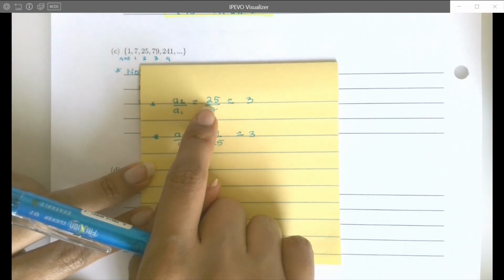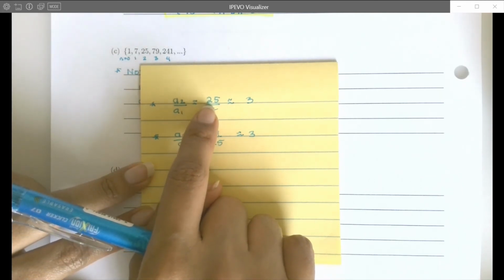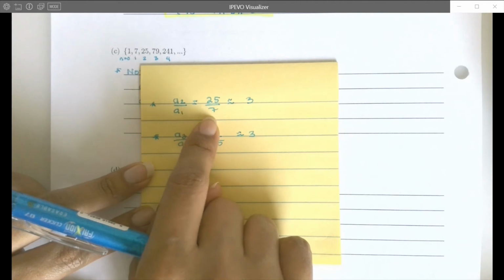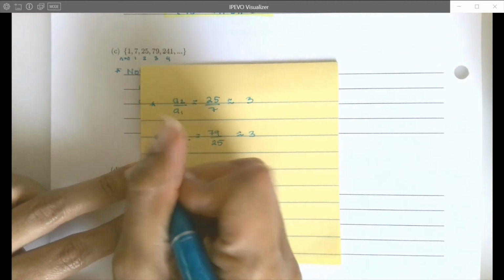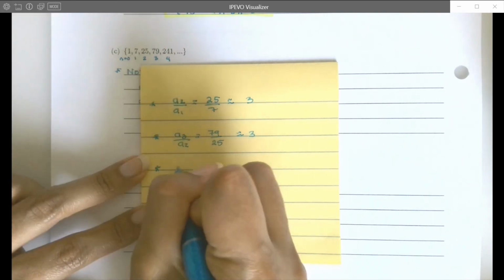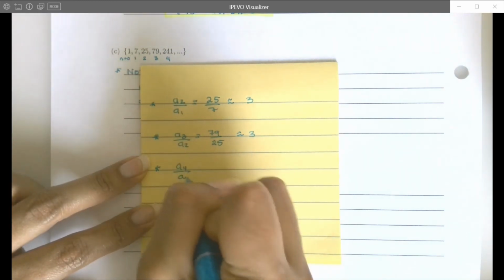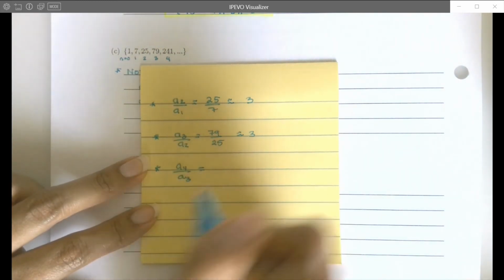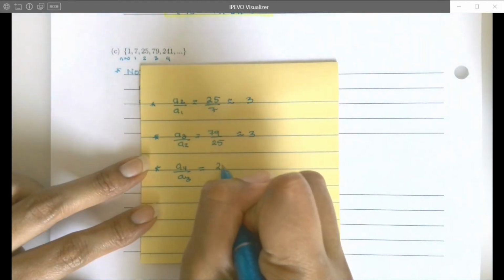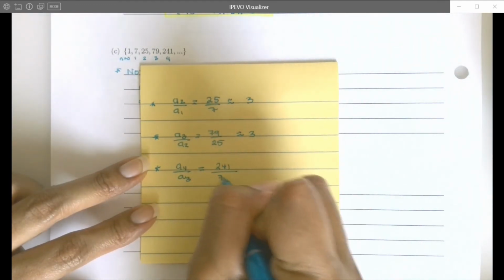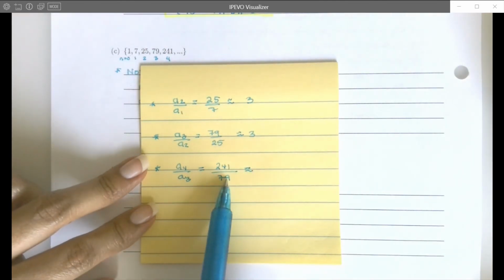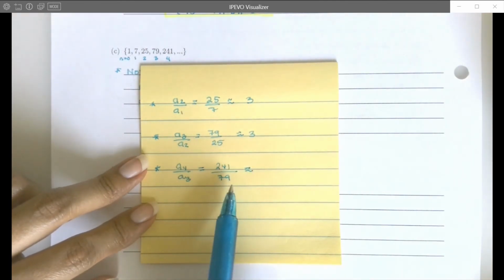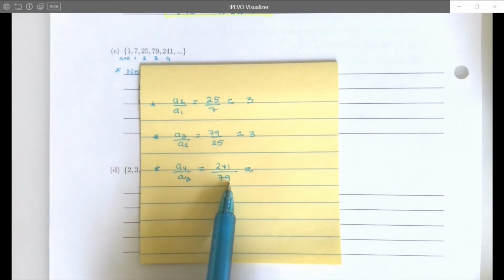And notice that's starting to look like a pattern, because here if you take 25 divided by 7, we'll get 3 remainder 4 as well. Let's see what happens when we take A4 divided by A3. We're going to get a 241 divided by a 79, which is also going to be approximately 3, because if this were 240 and this were 80, 240 divided by 80 is 3.